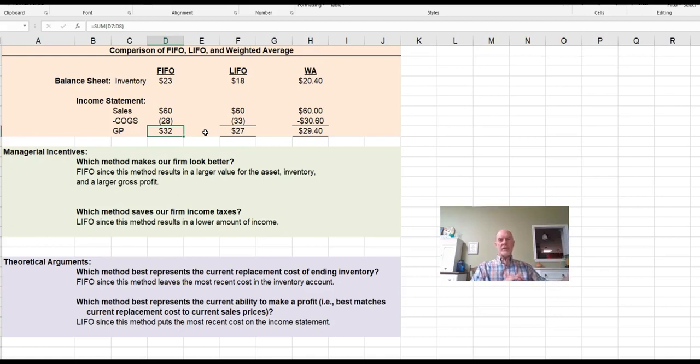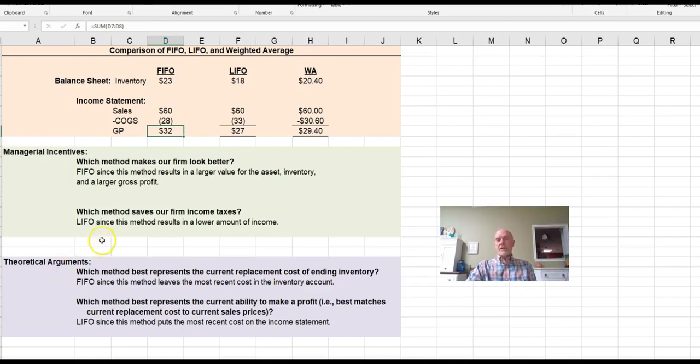In both of the previous examples, the Fifo and the Lifo, we bought a total of 10 items, cost them $51, and we sold 6 of them at $10 a piece. We still have 4. The facts are the same. We just picked a different method to account for it. So we're not saying we really are better off with Fifo. We're just saying it makes it look better.